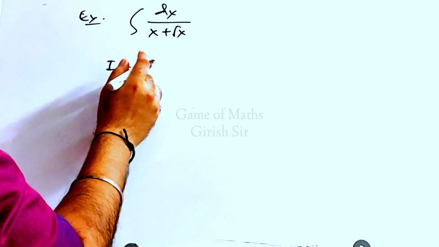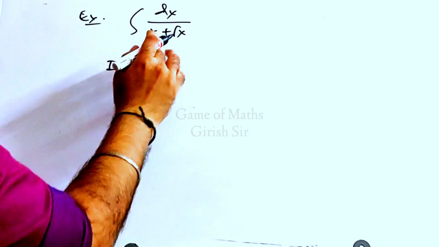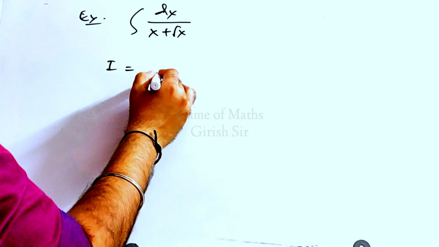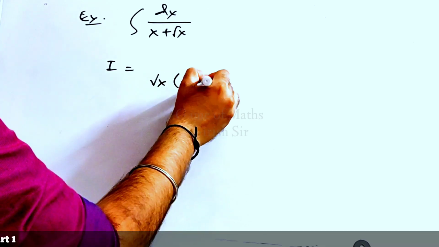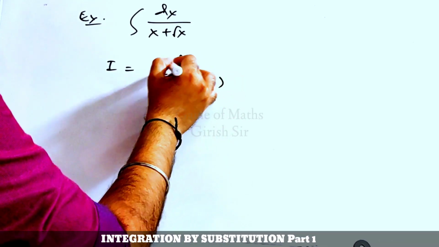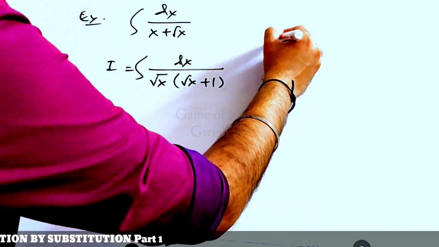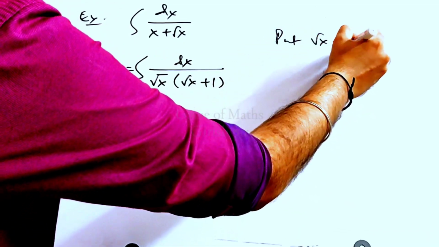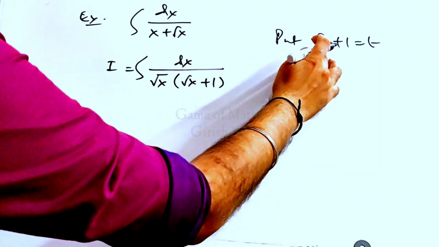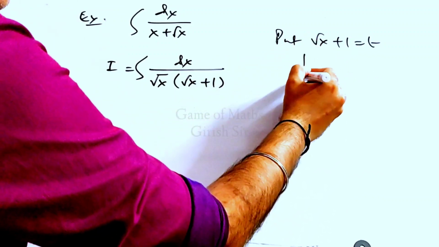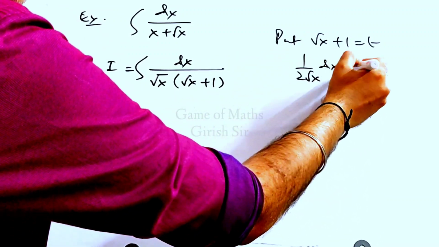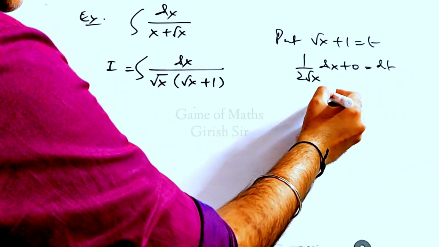Okay. Next question. dx divided by x plus root x. In the denominator we can take root x common. We'll get this. Now if you put root x plus 1 equal to t, and differentiate on both the sides, this is what you get.